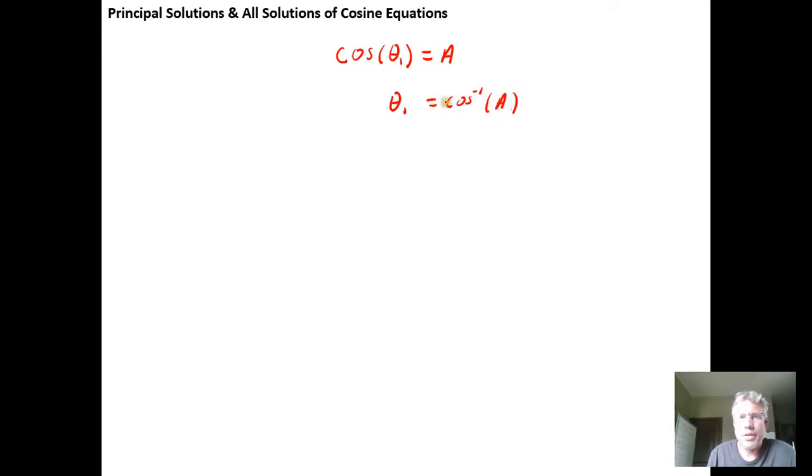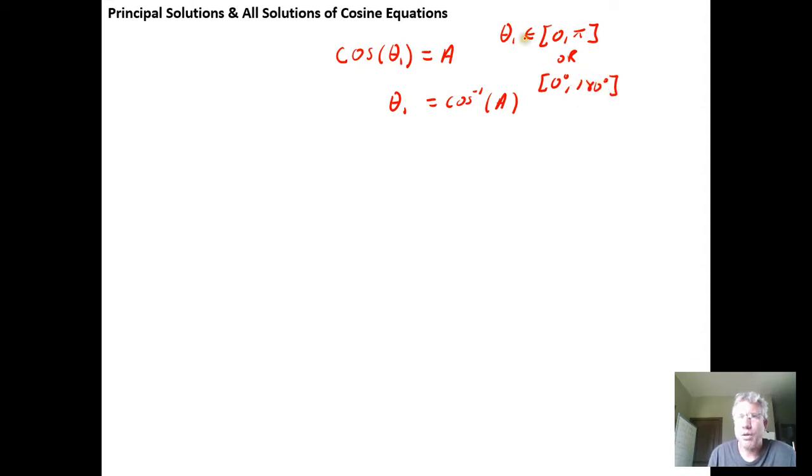And what we learned about the cosine inverse function is that we had to constrain the domain of cosine in order to develop an inverse cosine function. So the inverse cosine function can only give us angles theta sub 1 that are on the interval from 0 to pi radians, or on the interval from 0 degrees to 180 degrees.